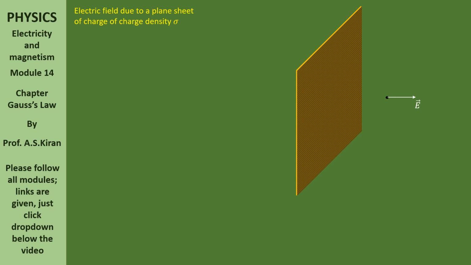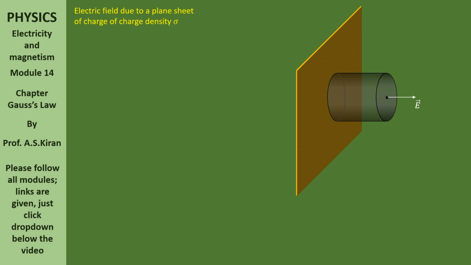Now, to find the electric field at that point, we are going to consider a Gaussian cylinder. Observe the video carefully. Yes, there is a Gaussian cylinder.